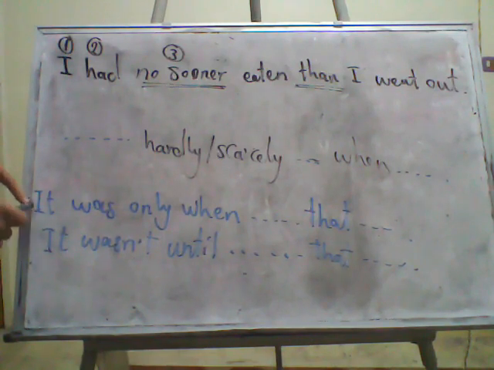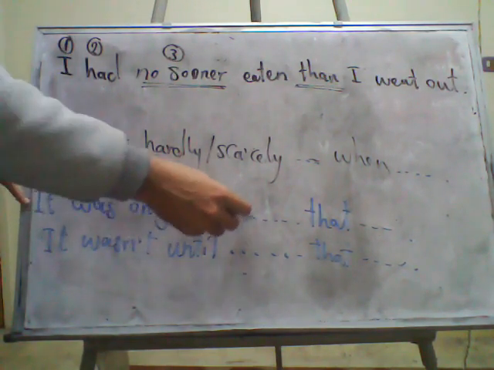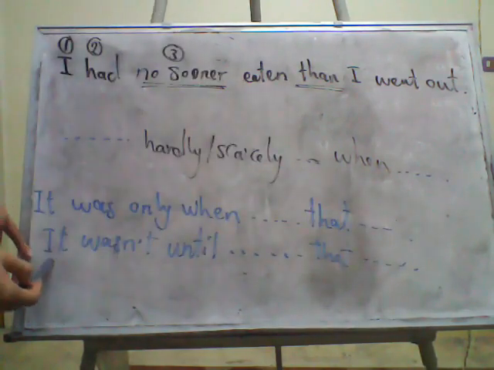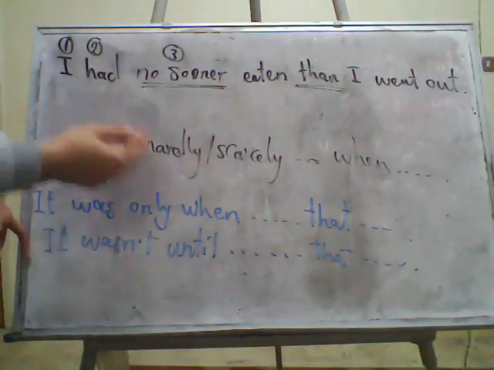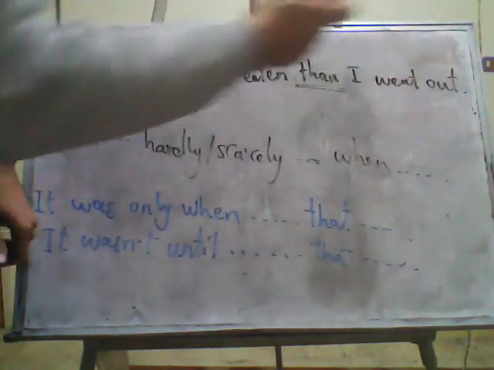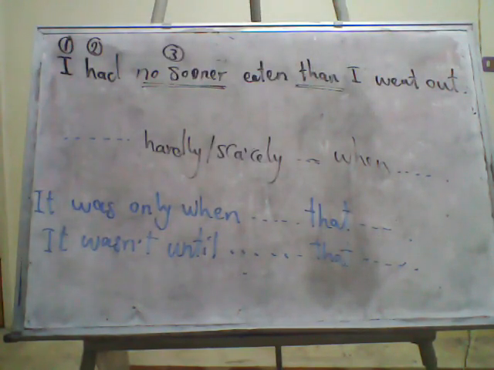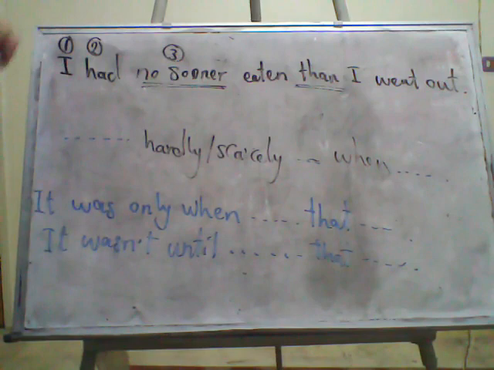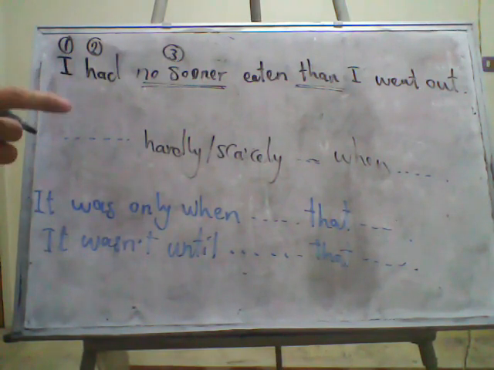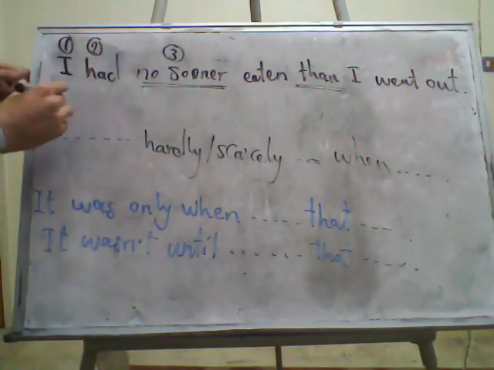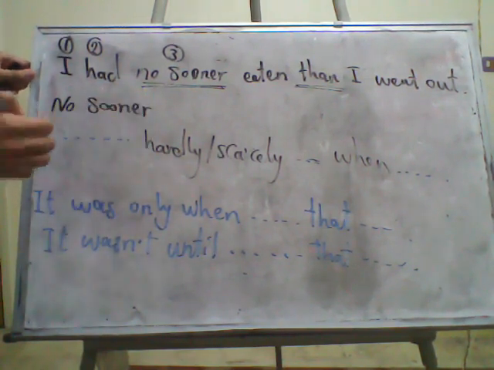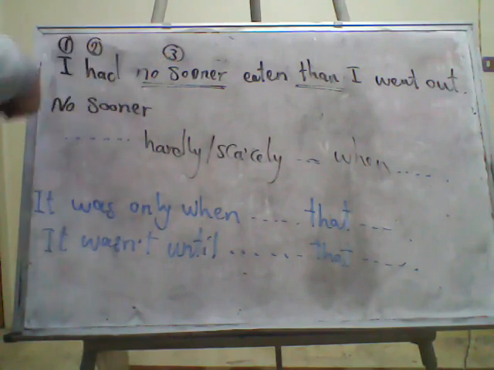I have also here, it was only when I had eaten that I went out. It wasn't until I had eaten that I went out. One more thing here. As you see, I put here some numbers, 1, 2, and 3. I had no sooner. If we are going to use no sooner at the beginning of the sentence, try to move back 3, 2, 1.